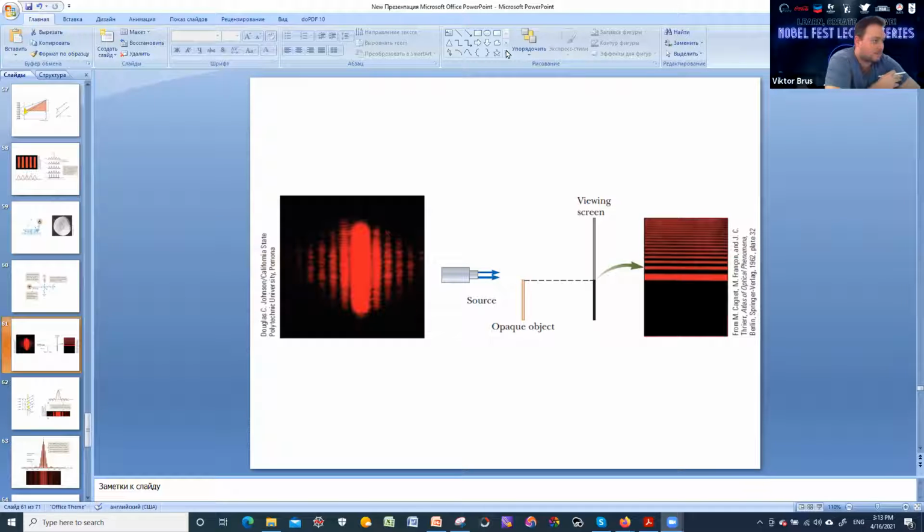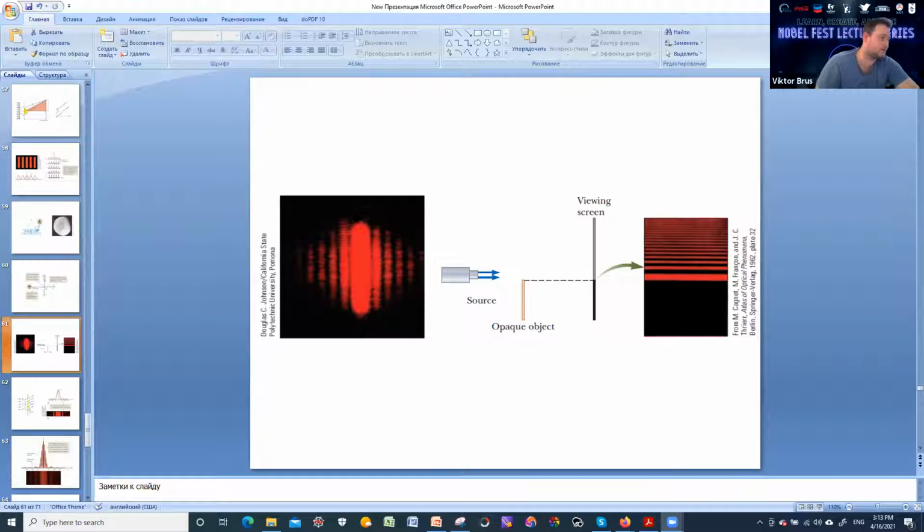So as a result, on the screen, when we have a diffraction effect, as you may see here, we see a bright central projection of the slit.